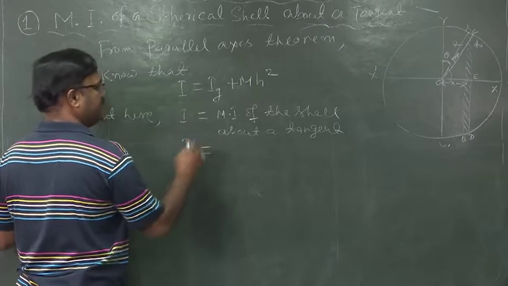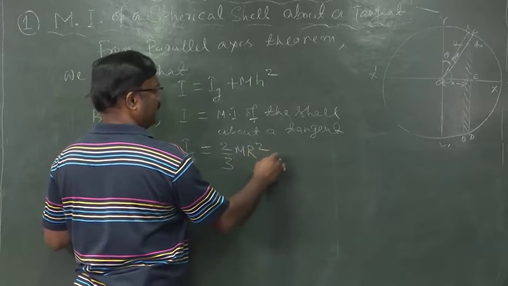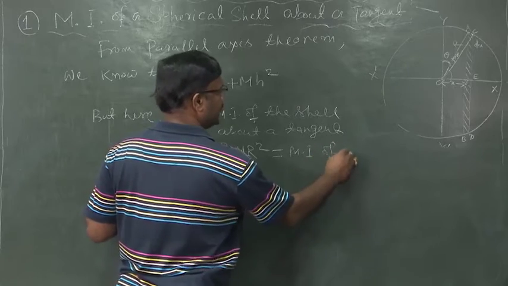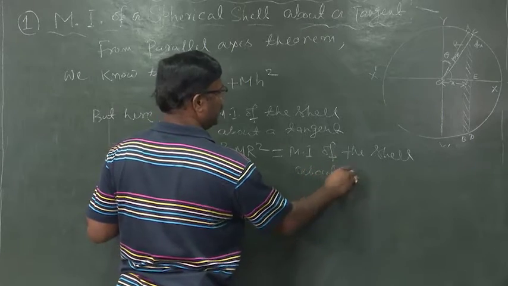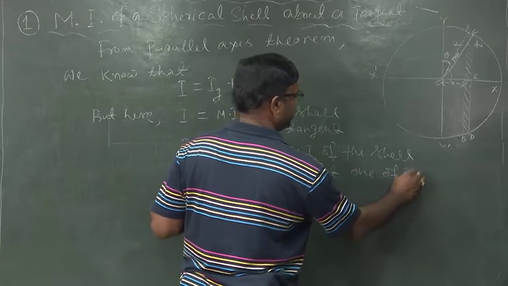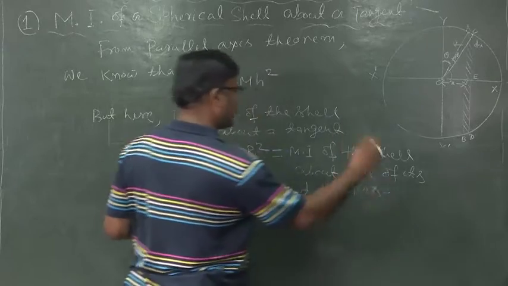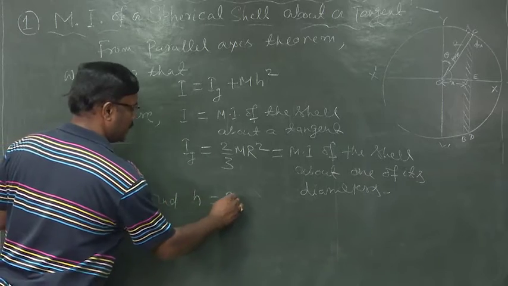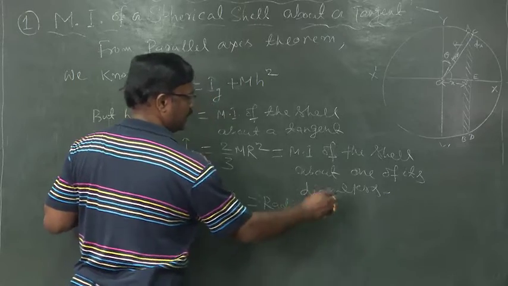Ig is equal to 2 by 3 m r square is equal to moment of inertia of the shell about one of its diameters, which we have calculated, and h is equal to r is equal to radius of shell.